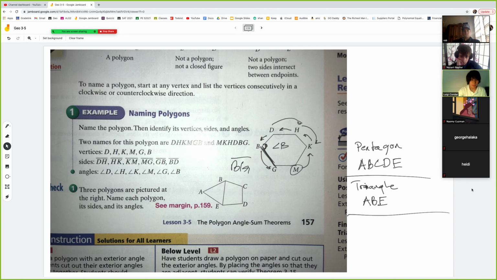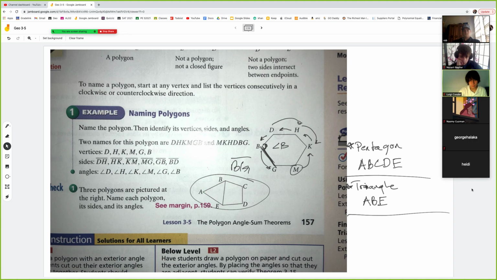I said a pentagon. Oh no, we got the pentagon. We got the pentagon. We got the triangle. We're missing one more polygon. Heidi, could you tell us what the final polygon is? We're looking at the bottom one, right? Yeah, we're looking at this one. So Rob did the pentagon. Nazari did this triangle. So what's left?